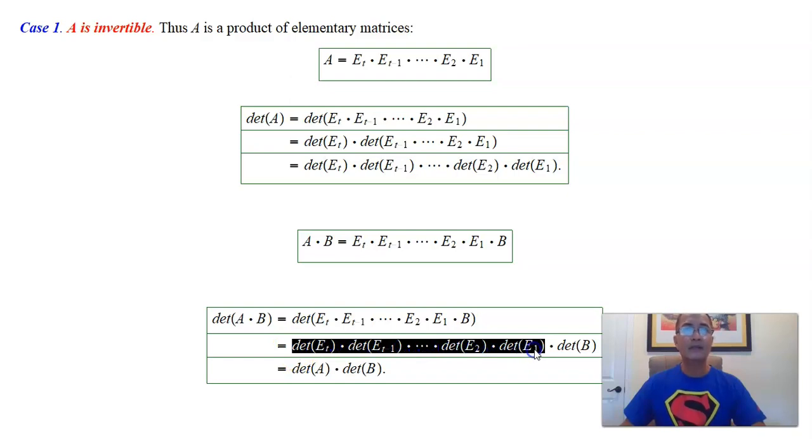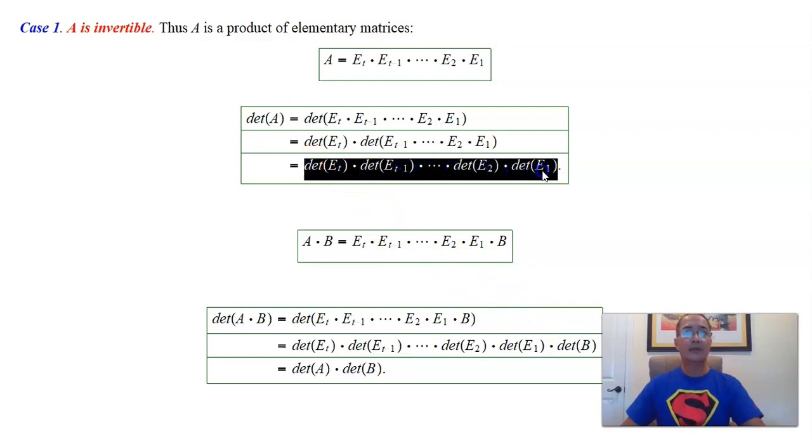Where have we seen this long product before? Ah, it is right there. That portion of the right side is simply the determinant of A. And we still have the determinant of B, so we get the product formula.